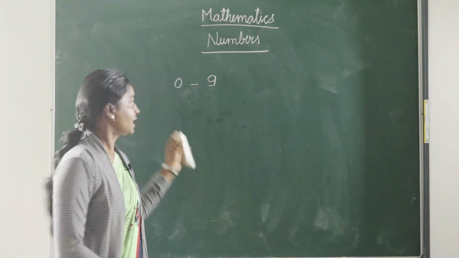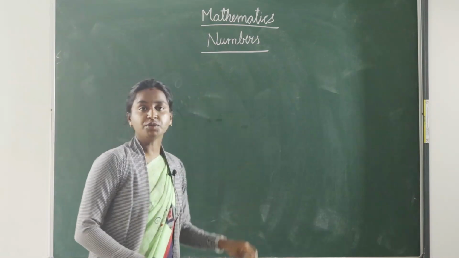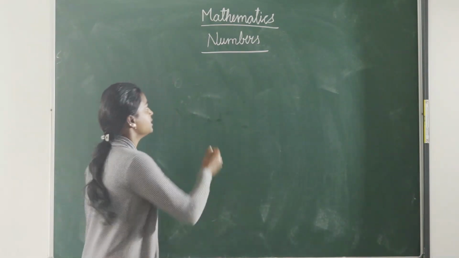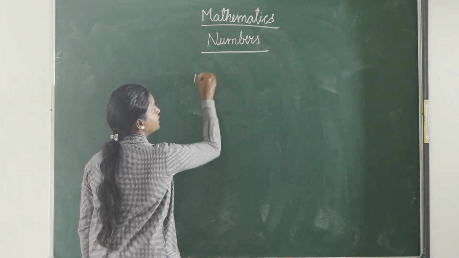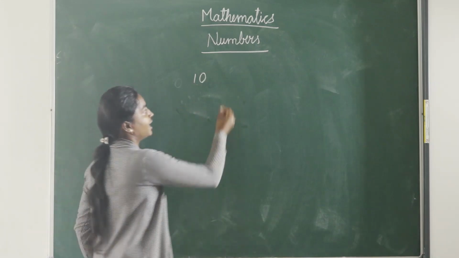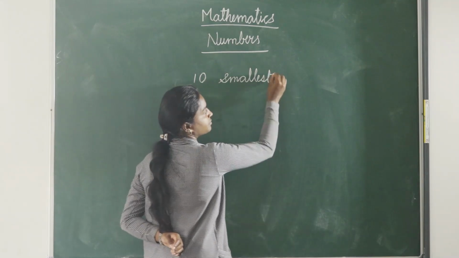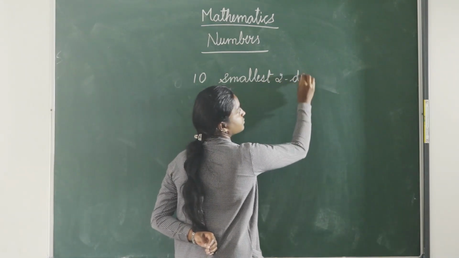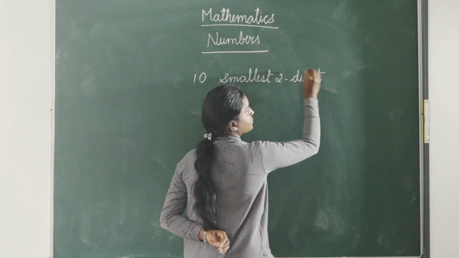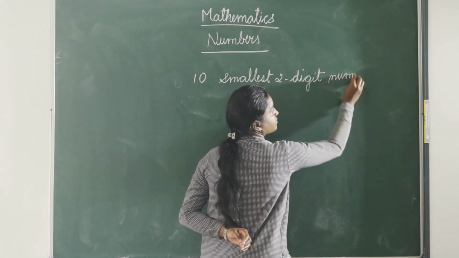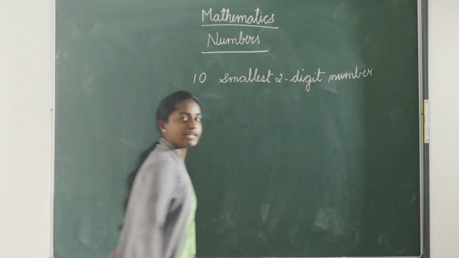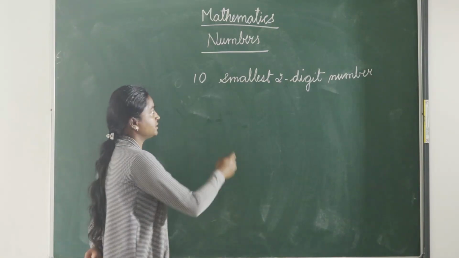Already in previous class you have learnt about 2-digit number, that is 10. So 10 is the smallest 2-digit number.